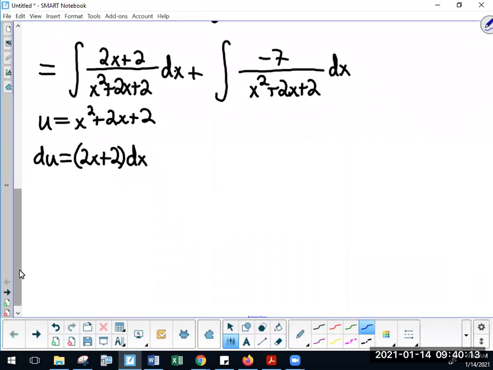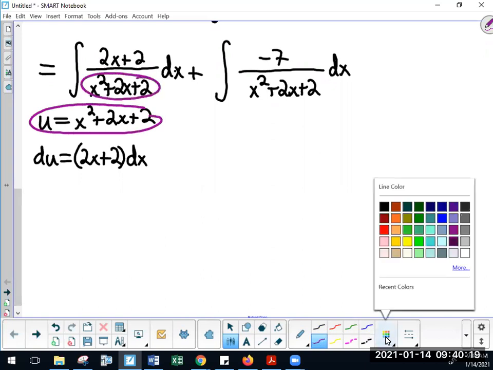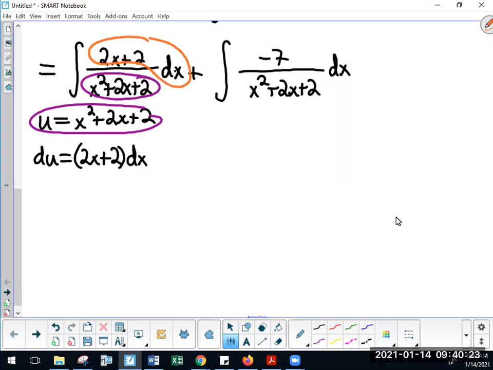So u is going to be right here, the denominator. Du is going to be the 2x plus 2, that quantity times dx. So after substituting, I have 1 divided by u du.